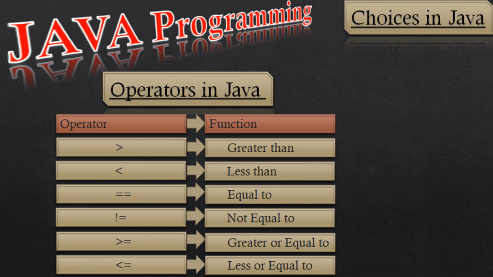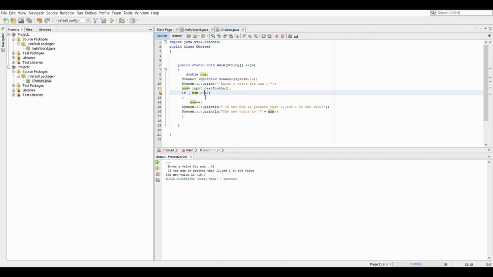And the last one is less or equal to, which is the operator less than followed by an equal. So in our exercise here, we can replace the greater than sign with two equals, if we want to say is equal to, or a not equal to, or any of the other operators we want. So here is where we can apply these operators in the condition in the if statement.